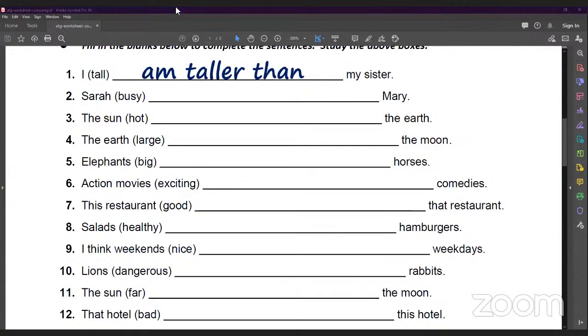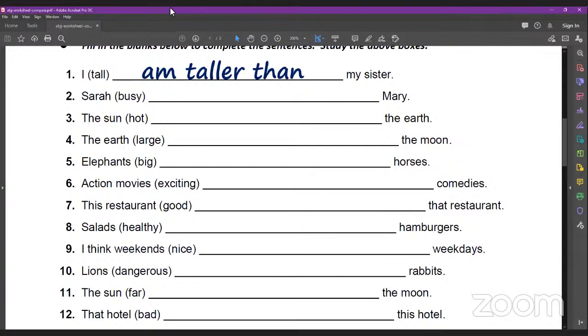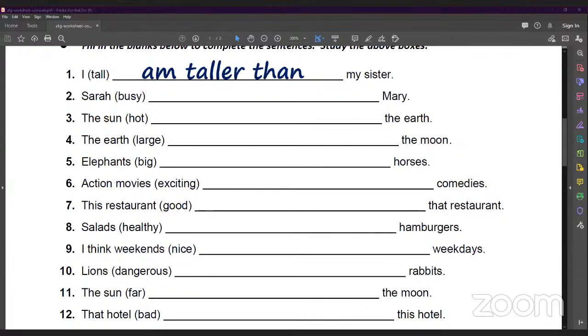Thank you, Mr. Guardajuel. Complete exercise 2 and 3. Sarah is busier than Mary. Number 3. The sun is hotter than the earth.